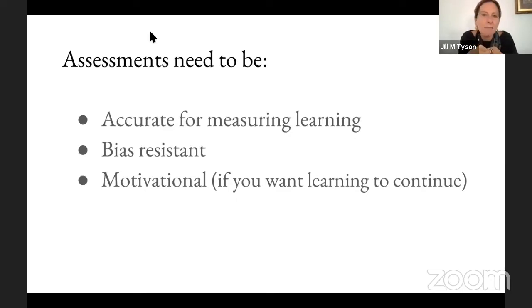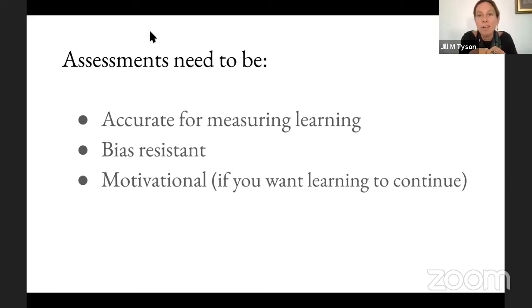Secondly, our assessments have to be bias resistant, and I'll talk more about this in a little while, but those of us who are giving grades for homework, we need to really think about this because some students have internet connection at home, and some students have parents that help their children with the homework, or they at least give them incentives to finish their homework, and other students don't.